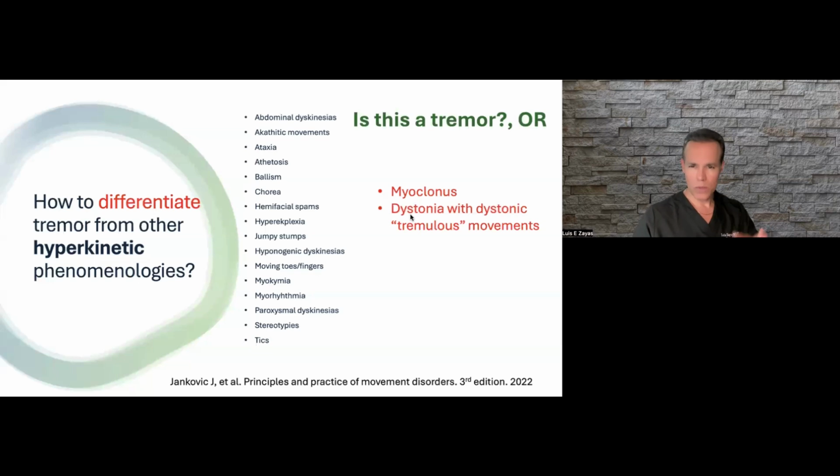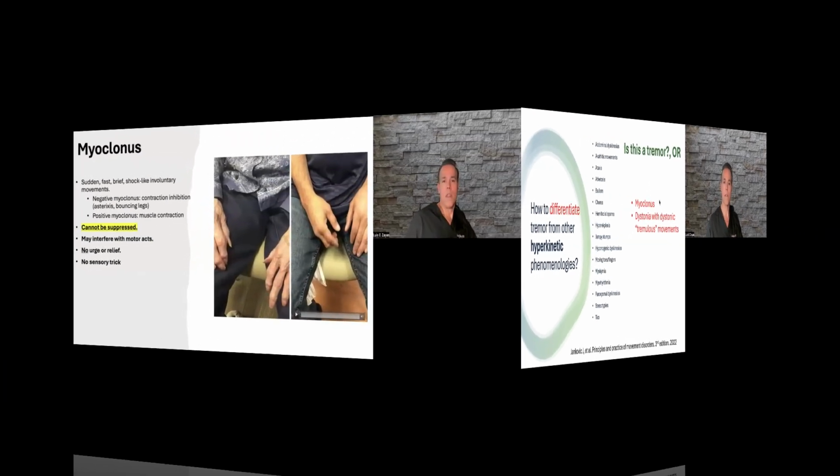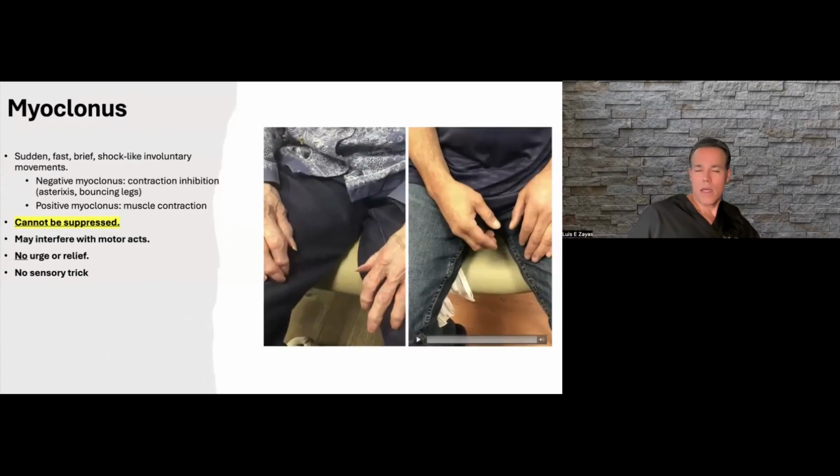The most difficult one to differentiate when your eyes are not trained is myoclonus dystonia from tremors. Now let's talk about the different phenomenologies that you have to think of when you see a patient with tremors. Number one, myoclonus or jerks. Myoclonus is sometimes difficult to differentiate from tremor when your eyes are not trained.